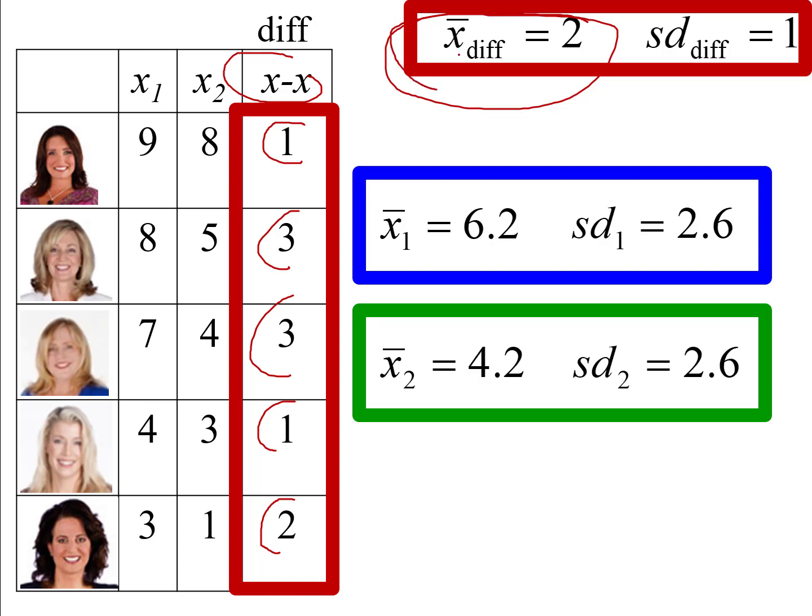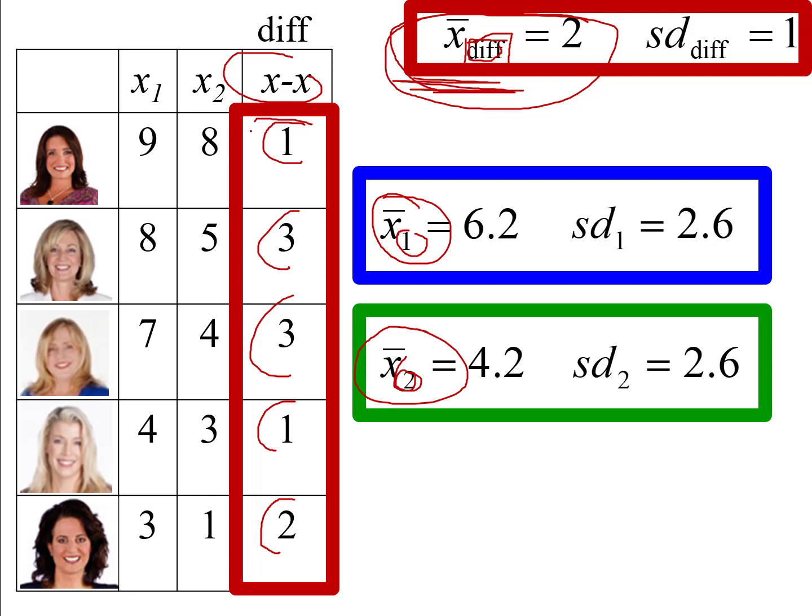Here I put x bar, and I put DIFF right down below here. I have a subscript DIFF just to clarify that's the mean for the difference score. So x bar 1, that was our mean at time 1, x bar 2, that was our mean at time 2, and x bar DIFF, that's the mean for our difference score.